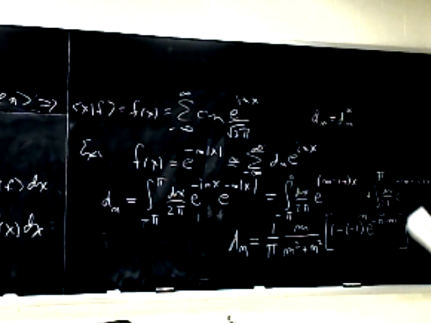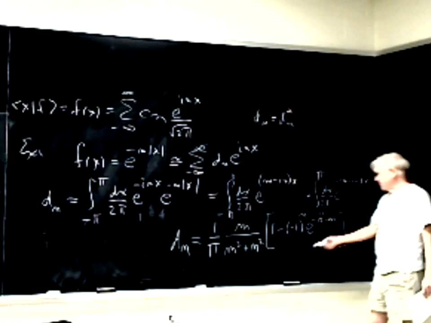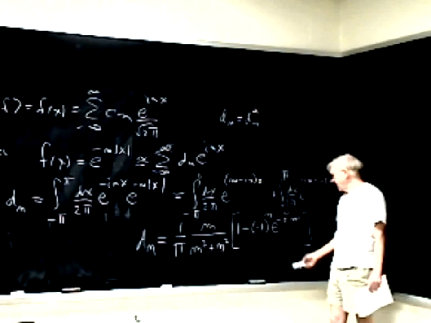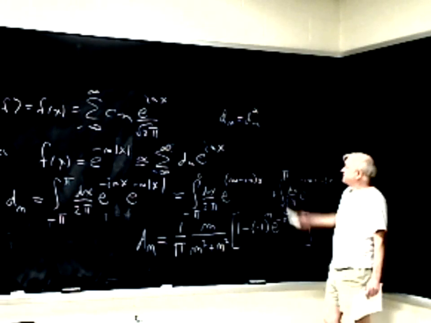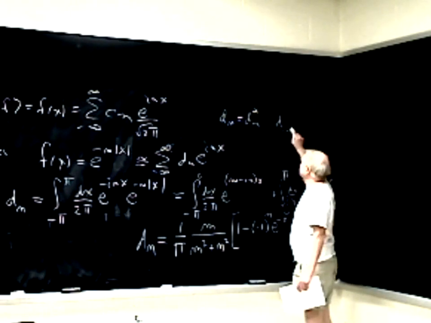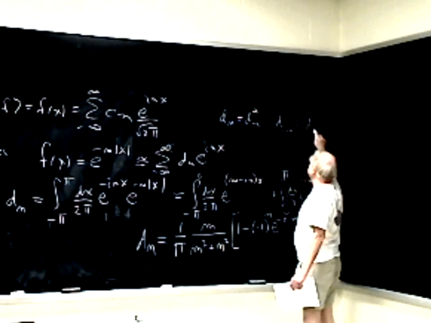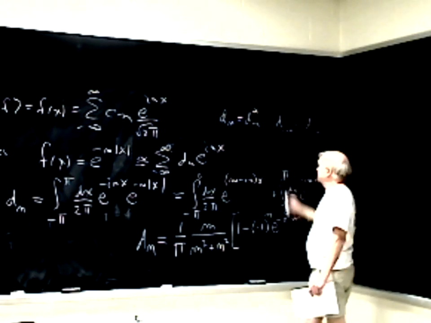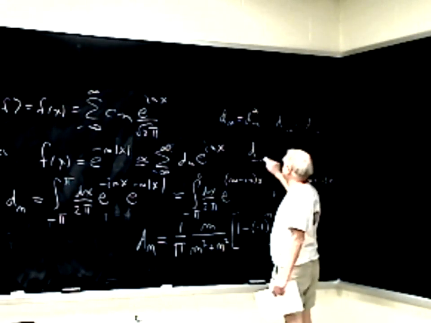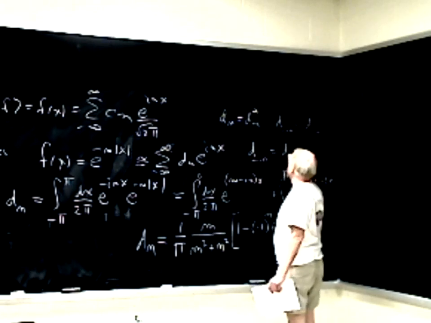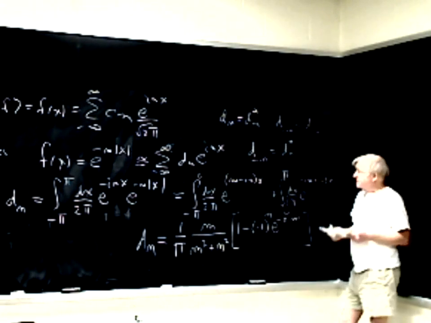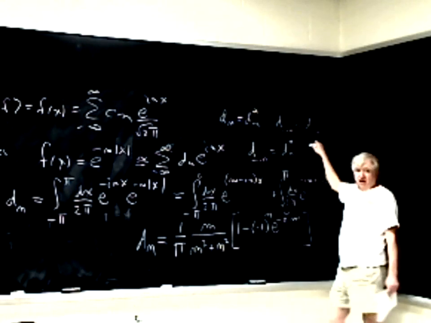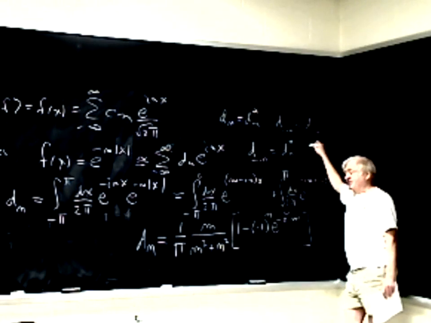Moreover, the thing is an even function of n because of the n squared here, and minus 1 to the n is the same as minus 1 to the minus n. And so d sub minus n equals d sub n. And so we have the condition d minus n equals d n star, which is the condition on the coefficients for a function that's real.